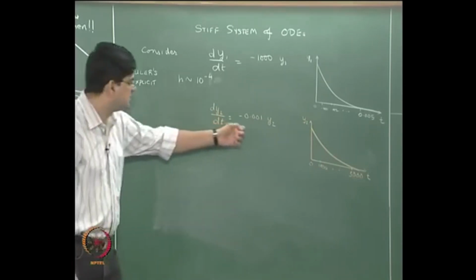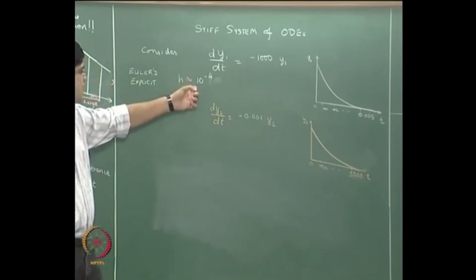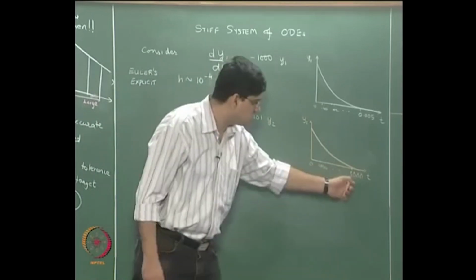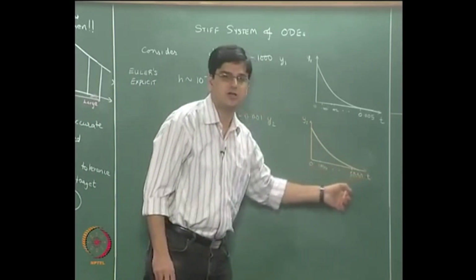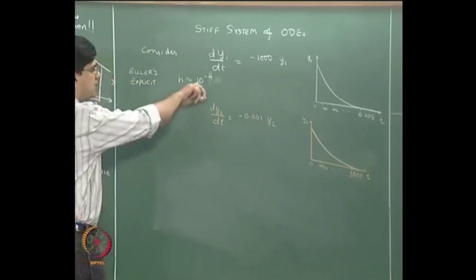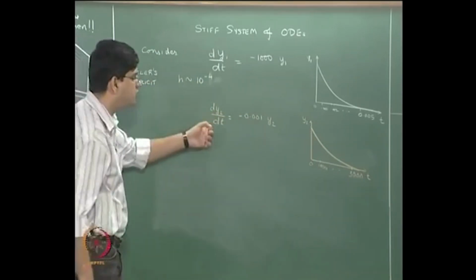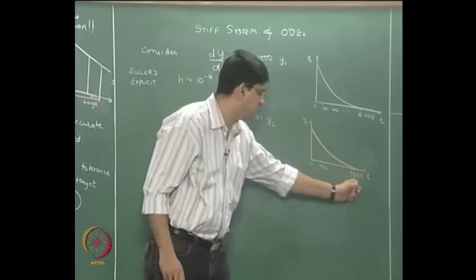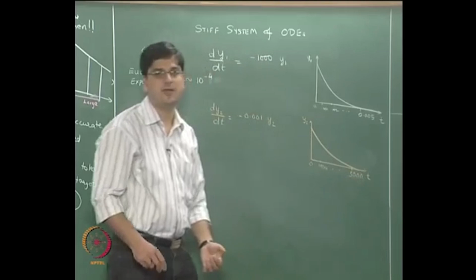Whereas in this particular case, if we take the step size of 10 to the power minus 4, we need to run this particular method up to time 5000. As a result, the number of steps with h equal to 10 to the power minus 4 for this particular system is going to be approximately 5 into 10 to the power 7.